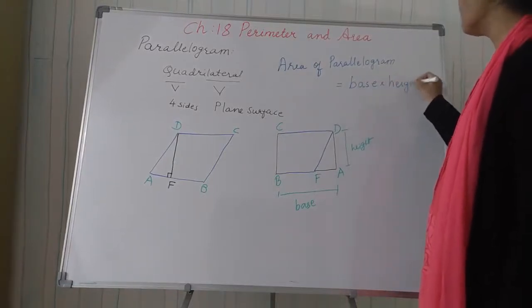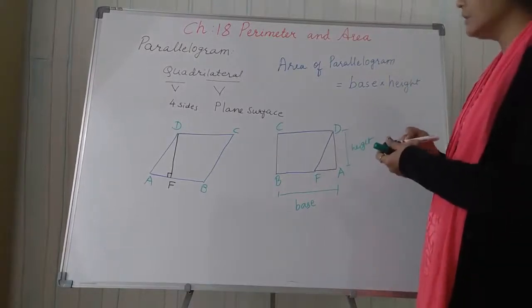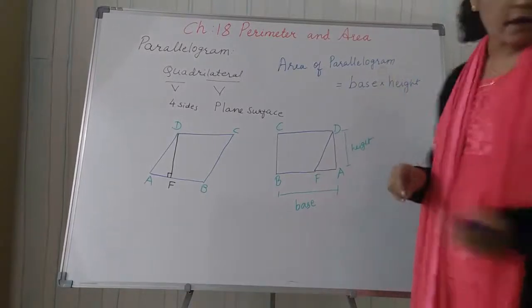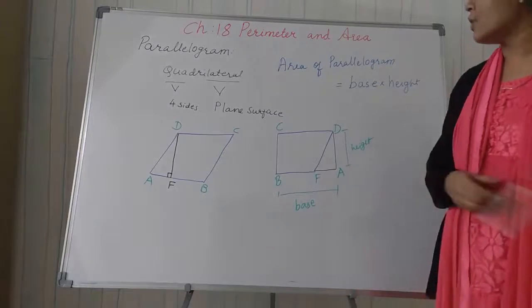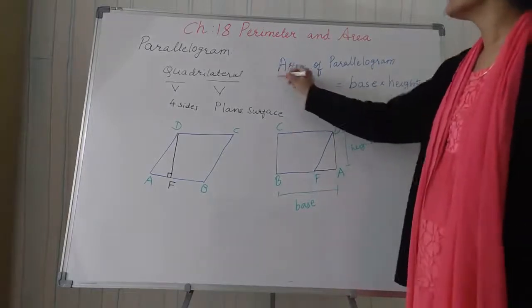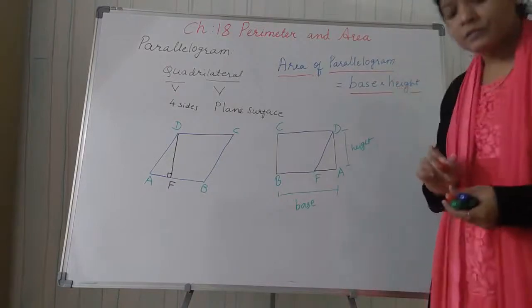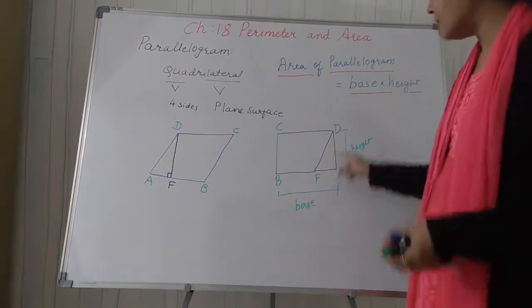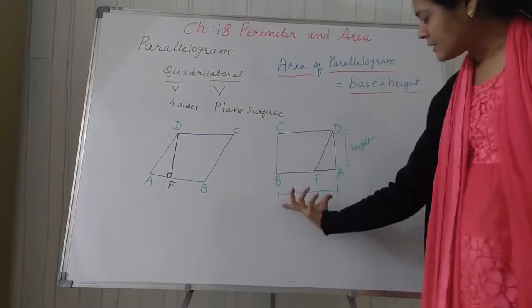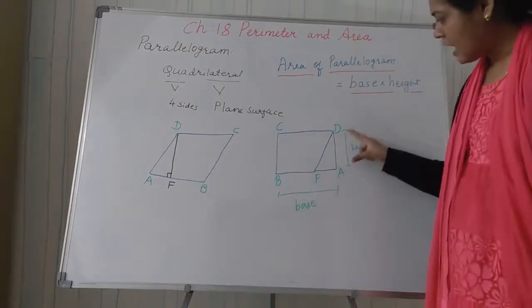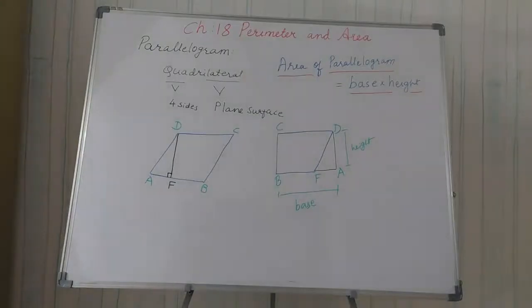This is our formula to find the area of a parallelogram, and you have to remember it, students. It comes from the base and the height of our right angle triangle, which I have explained.